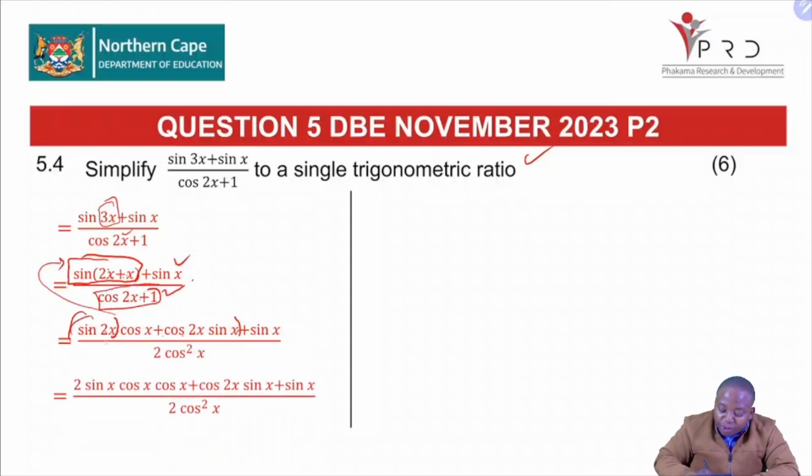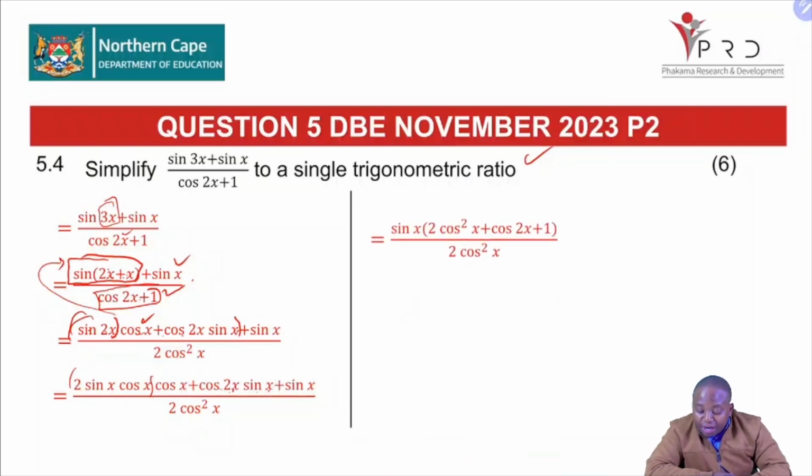Then when we expand into double angle, it becomes 2 sine x multiplied by cos x multiplied by the cos x plus cos 2x multiplied by sine x plus sine x, all over 2 cos squared x in that case. Right.